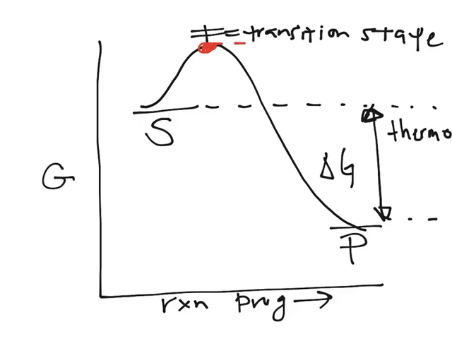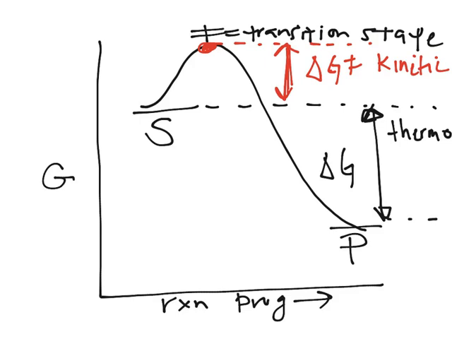So when we're looking at the difference in energy between the substrate and the transition state, now we're talking about the kinetic control. And this is referred to as delta G double dagger. So this is the kinetic aspect of the reaction, how high this particular hump is. Okay, it's the energy required for the reaction to occur, right?